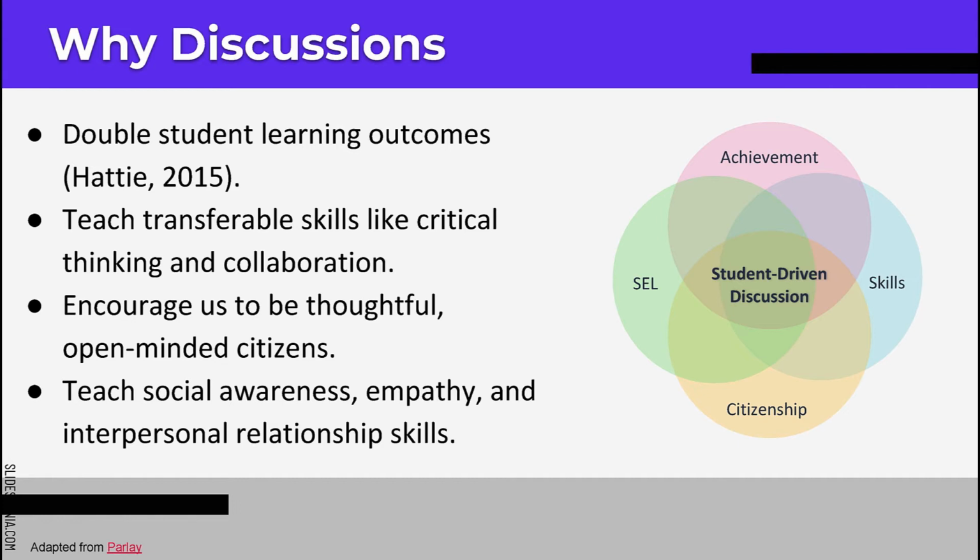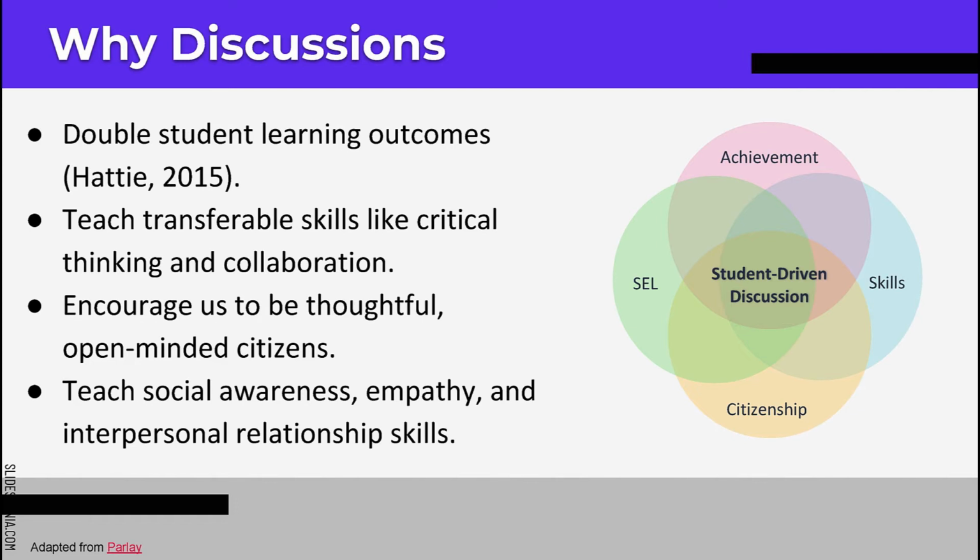And then lastly, when we think about these online discussions, it also gives kids an opportunity to engage in conversations asynchronously outside of the classroom. And it also creates an opportunity for especially our shy kids or introverted kids who might not feel as comfortable talking in that face-to-face environment.